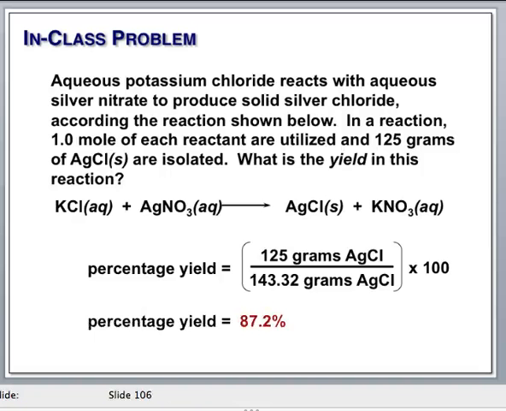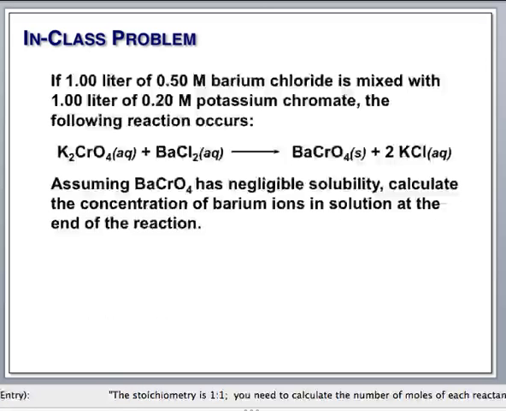All right, let's look at this guy. This really is a limiting reaction problem, isn't it? This is what I was thinking of. We have 1 liter of half molar barium chloride and 1 liter of 0.2 molar potassium chromate.